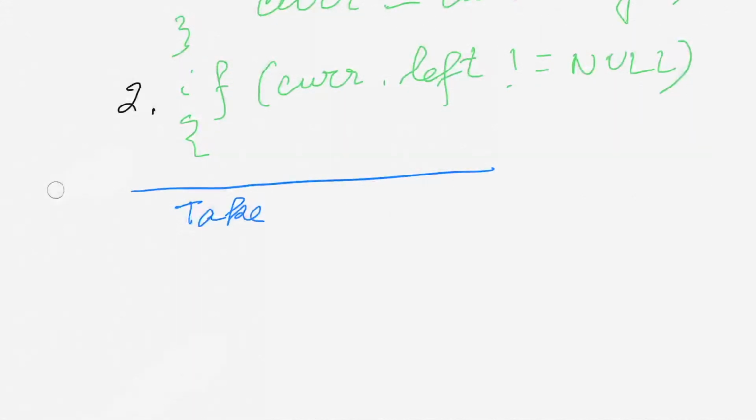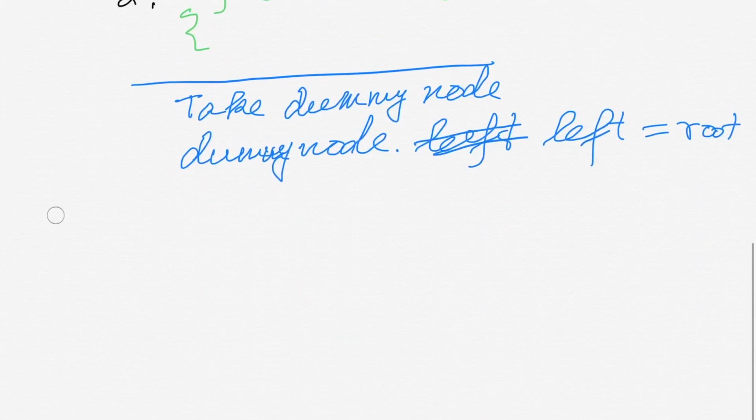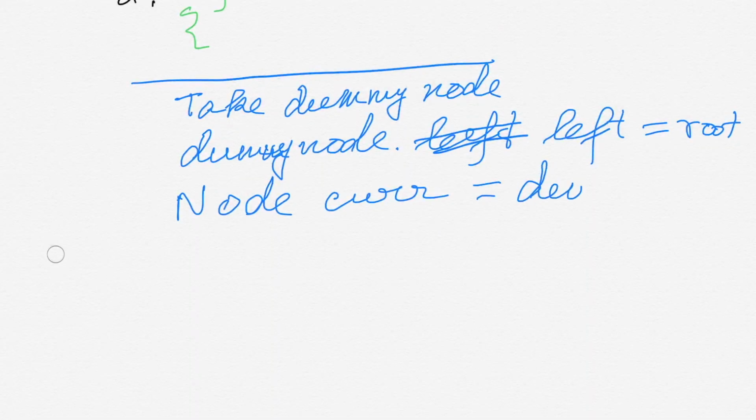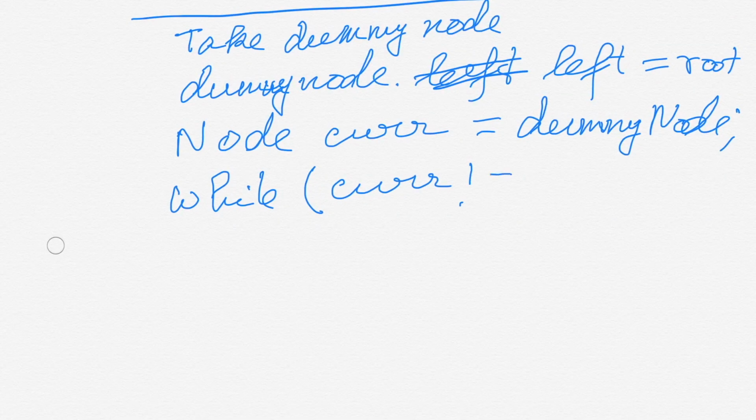So we already saw, we take a dummy node, we make the given root the left child of the dummy node, and then we make the dummy node the current node, and we process till the time current is not null.